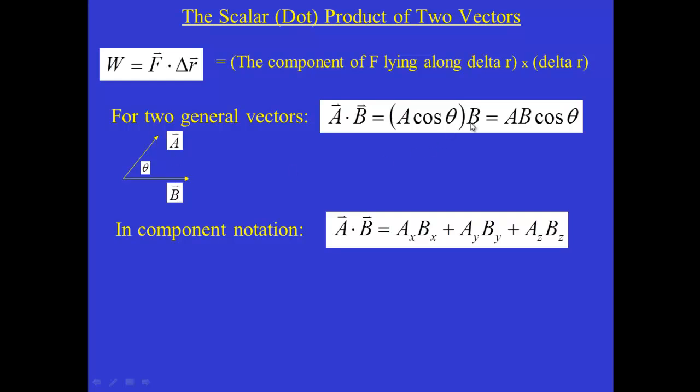You can show that this definition of the dot product implies that if we know the components of A and B, then A dot B is the product of the components along x, y, and z added together. I won't go to the trouble to prove that now, but it can be very easily done. And so, depending on the way that the vectors are given to us, it might be easier in one case to use the upper definition. In some other cases, it might be easier to use the lower definition. So, that's how we take the dot product.